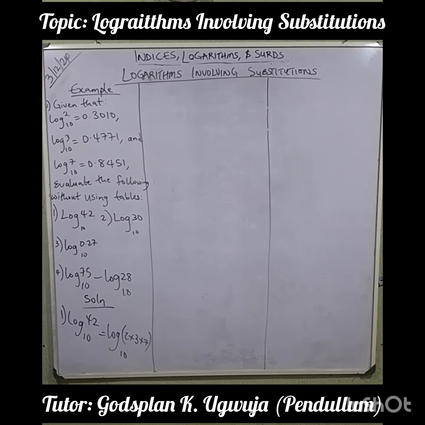So if you're able to break it down like this, you are already on your way because I can now separate this one into log 2 base 10. Remember that multiplication is addition, and addition is multiplication. In a logarithm, they are interchangeable. So I can separate this like this.